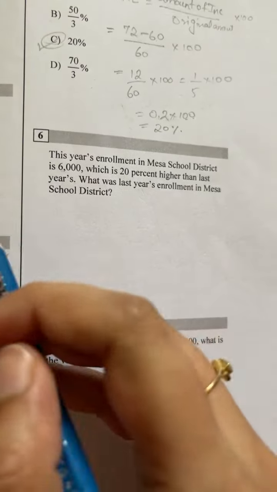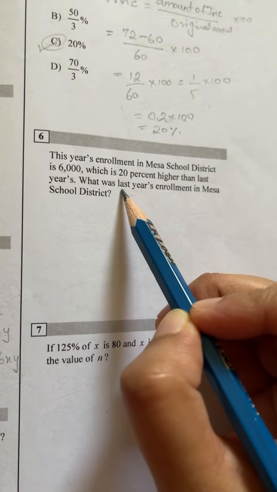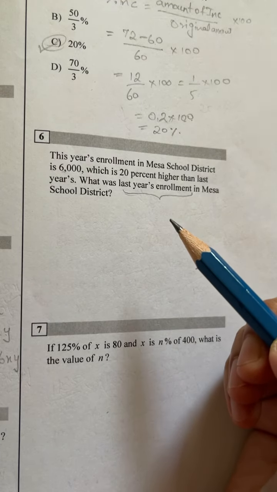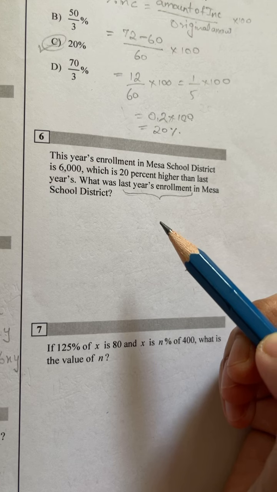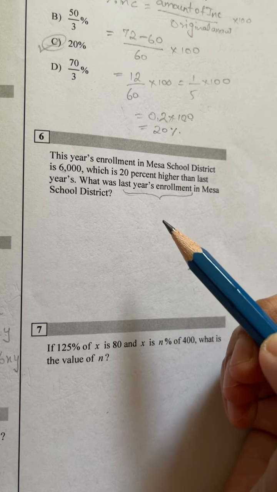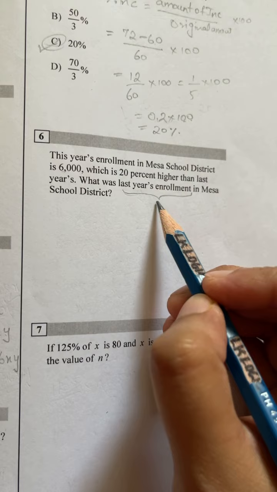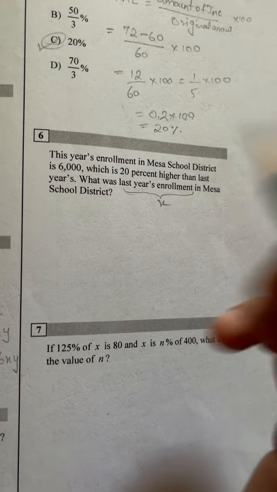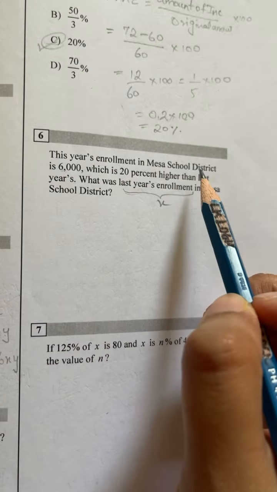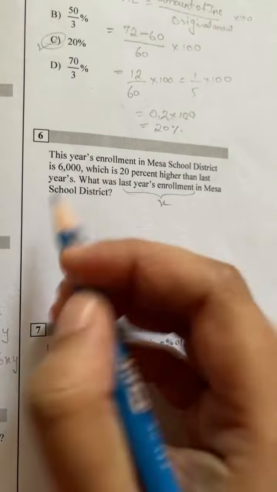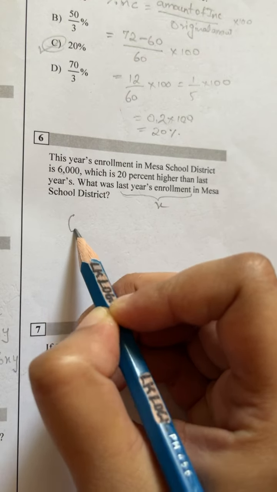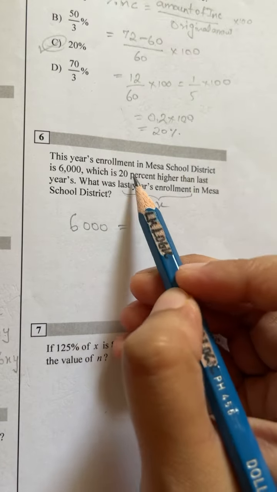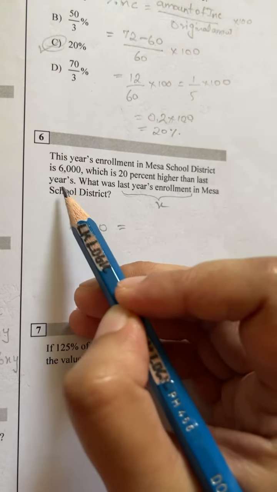We don't know last year, so you can take it as any variable, x, y, or z, whichever you wish. Let us take x, because we usually are comfortable with x, y, and z. This year's enrollment is 6,000, so I'm going to write down 6,000 equals, which is 20% higher than last year's.